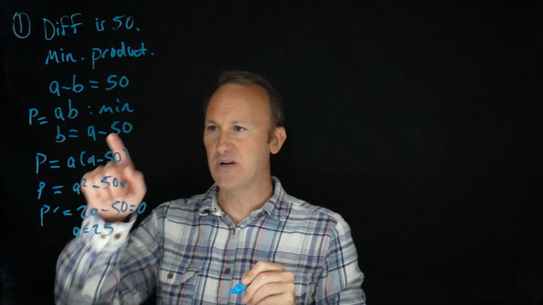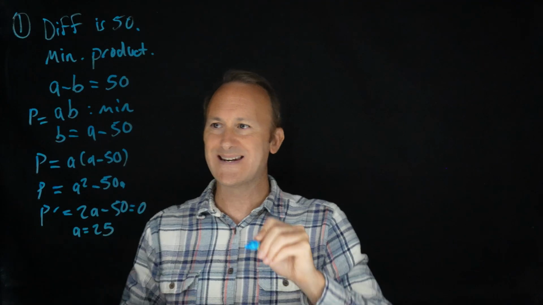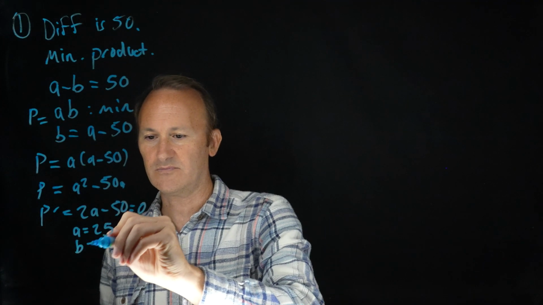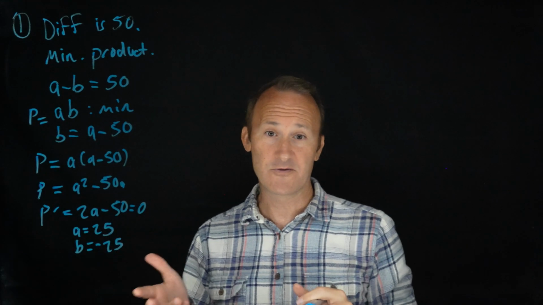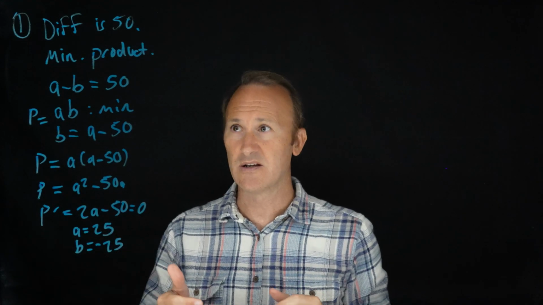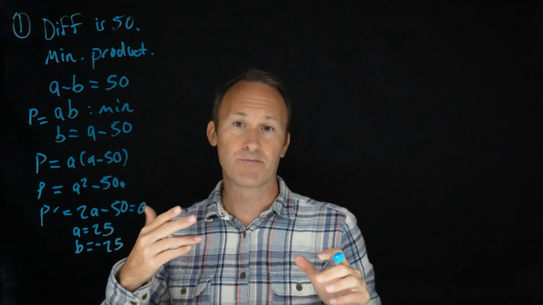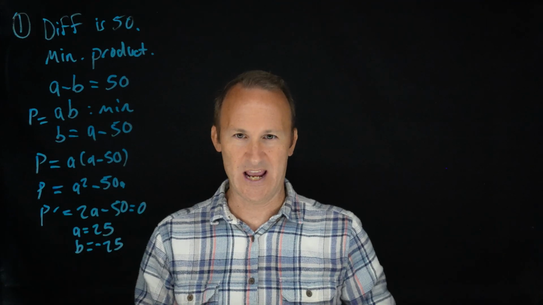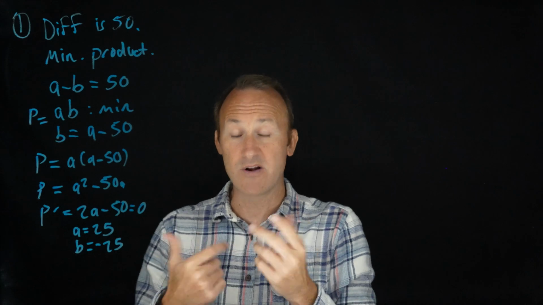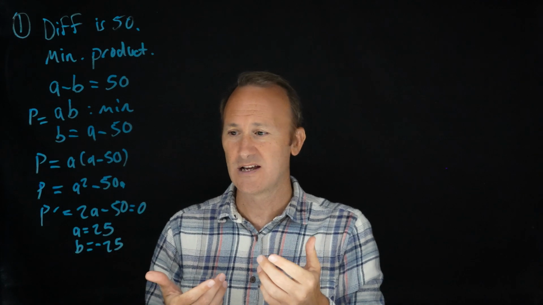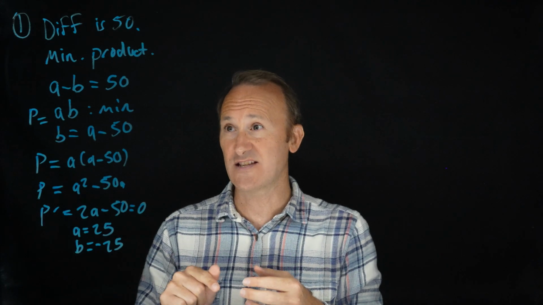Now what then is b? b is going to be negative 25. And so we have found the two numbers, a and b, that give the minimum product. If you just want to analyze this one quickly, it's a little bit interesting because they're the same number with different signs, but their difference is in fact 50.